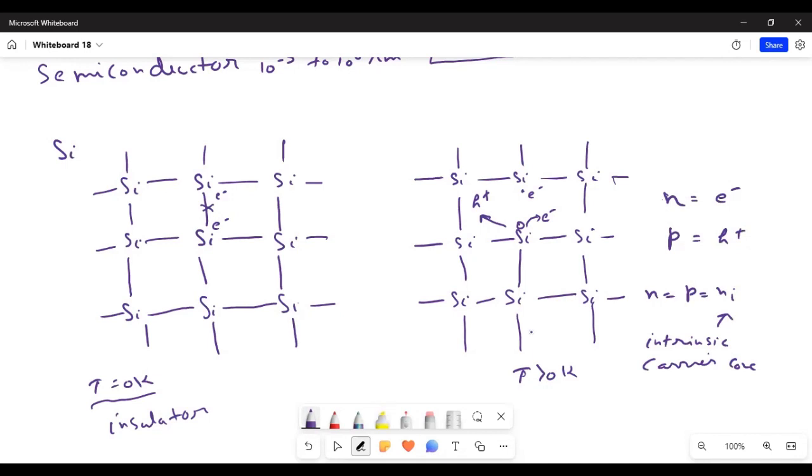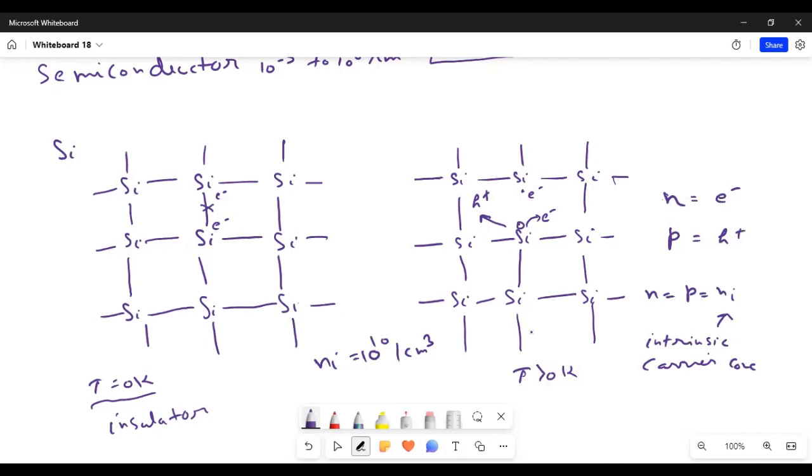Ni is typically around 10 to the power 10 per centimeter cube. This is a typical value of the intrinsic carrier concentration for silicon.